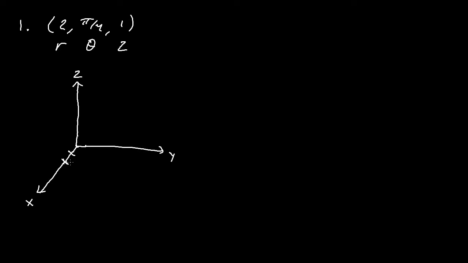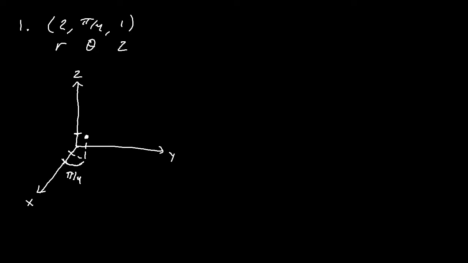Then theta is pi over 4, so from the positive x-axis we're going to go 45 degrees outward, or in other words, pi over 4 radians. It's going to be something like this. And then the z value is 1, so z value 1 is up here. Then the point is going to be somewhere around here. So that will be the point (2, pi over 4, 1).